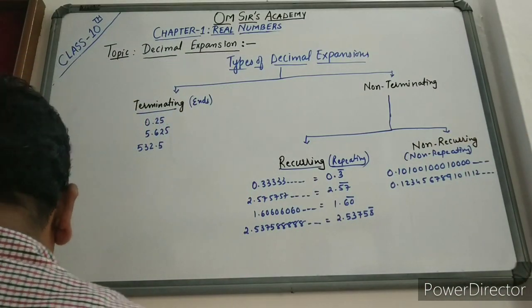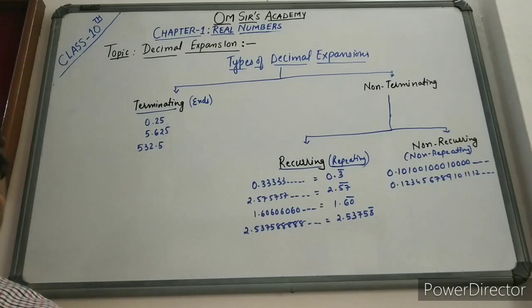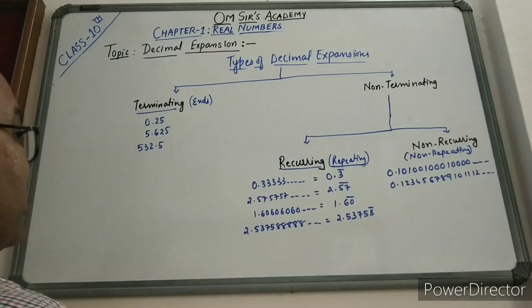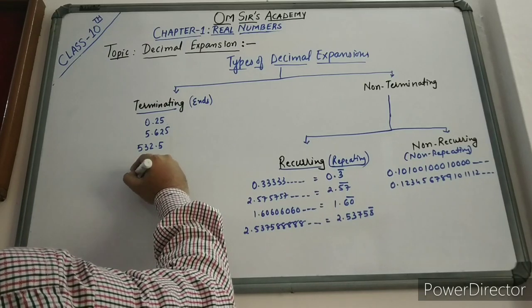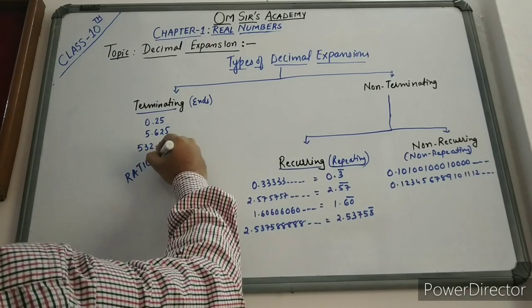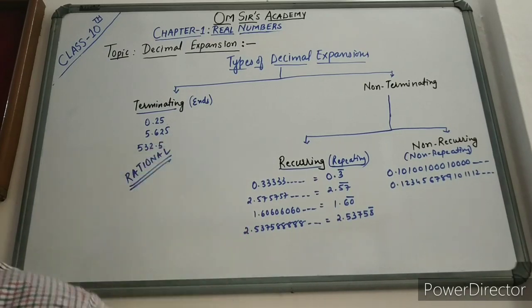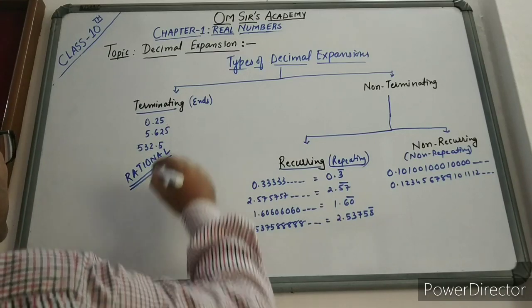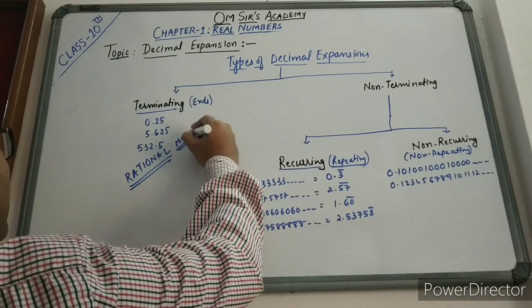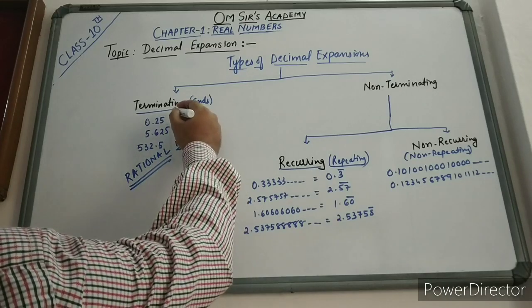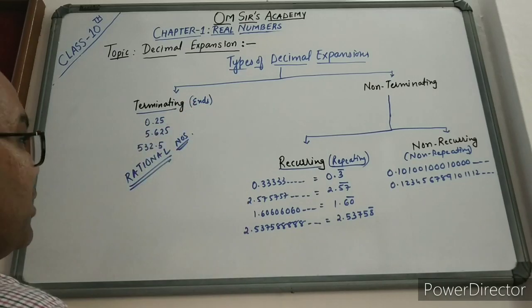Okay. So friends, whatever are terminating decimal expansions, what kind of numbers are they called? They are called rational numbers. Why rational numbers? Because we can express all terminating decimal expansions in p by q form.